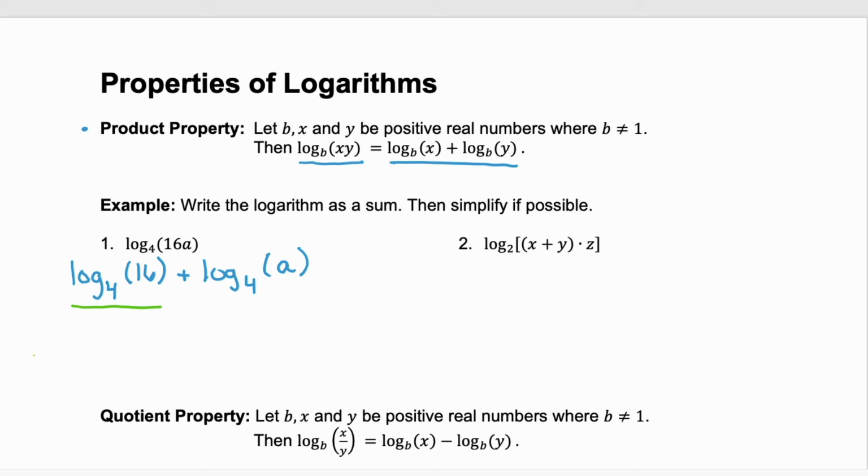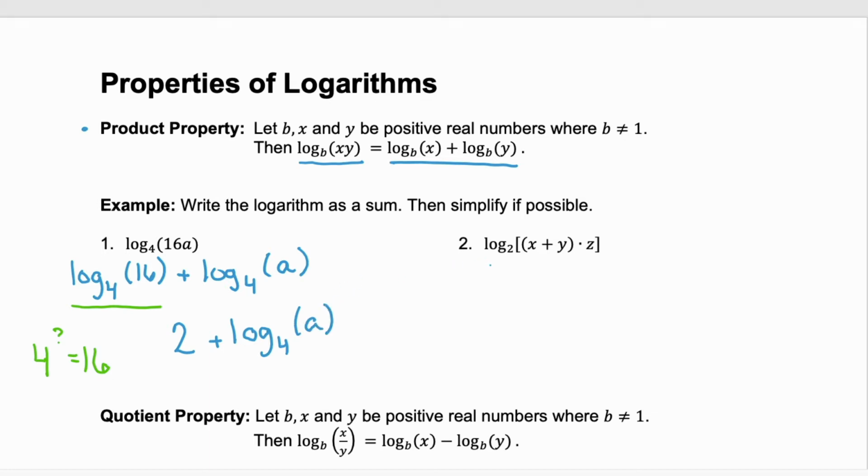Remember what it means. The base to what power equals the argument? Well, 4 to the power of 2 gives us 16. So the logarithm simplifies to 2. And we can keep that second log base 4 of a.